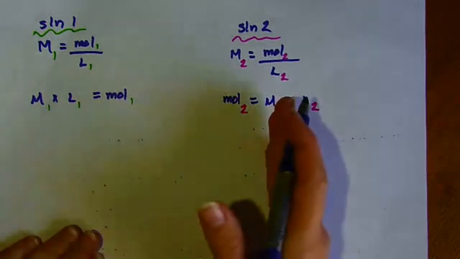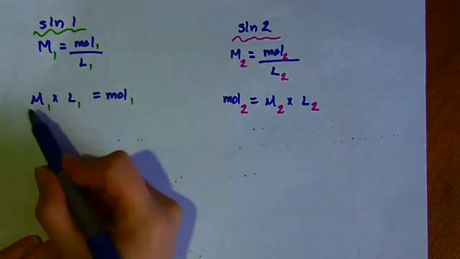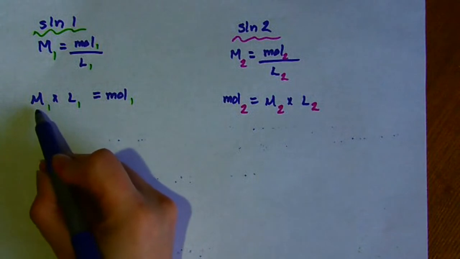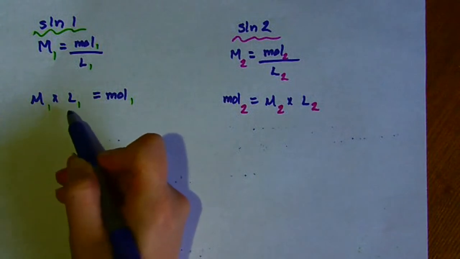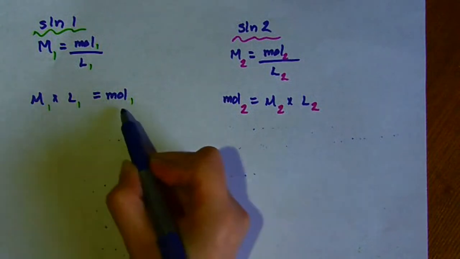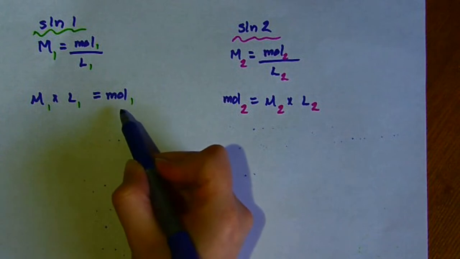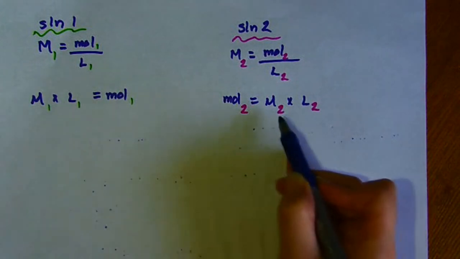So for each of these solutions, the concentration in molarity times the volume of that solution in liters is going to give me moles of solute in that solution for both of them.